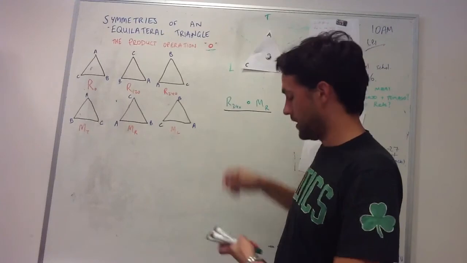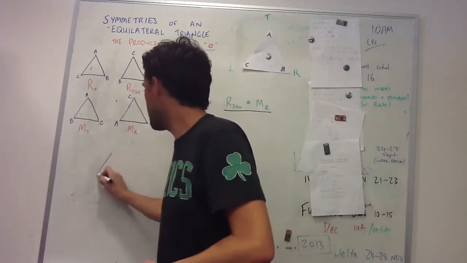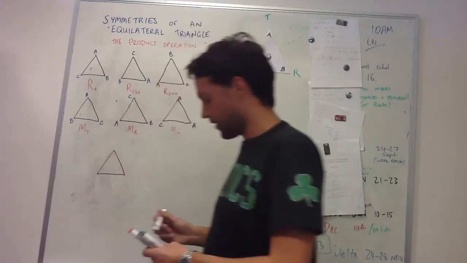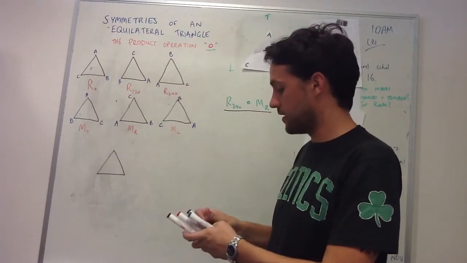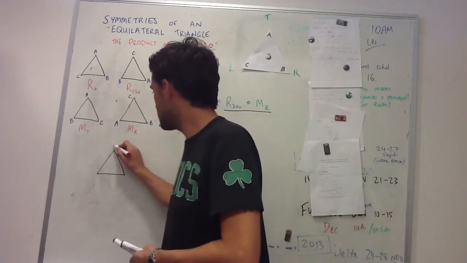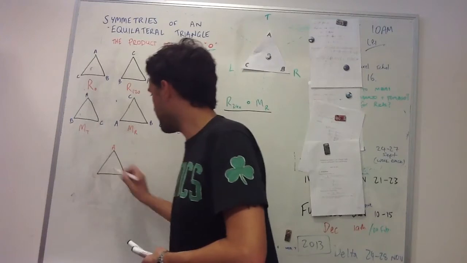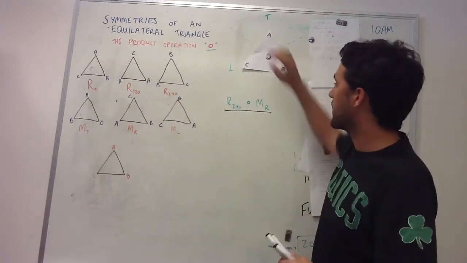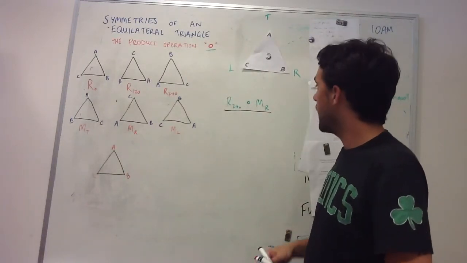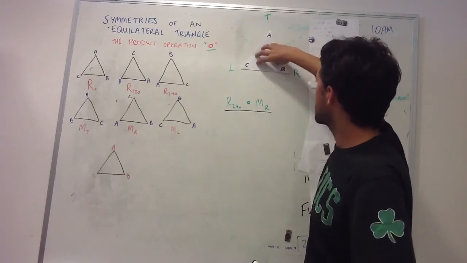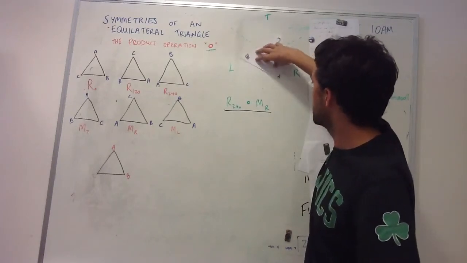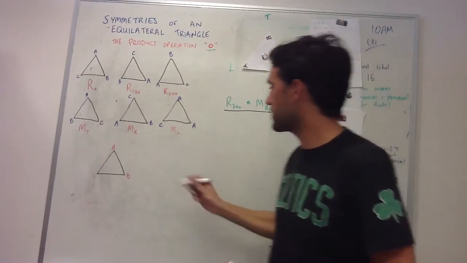So I'm going to begin by just drawing my original position. So my R0. Okay, so originally that's how my triangle looks. I then rotate 240 degrees. So that brings the triangle to here.